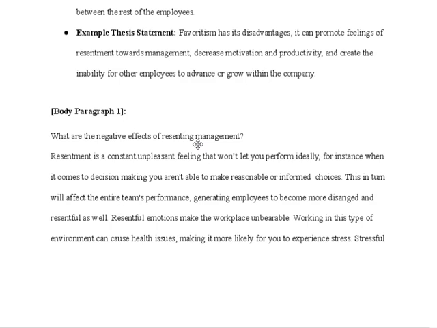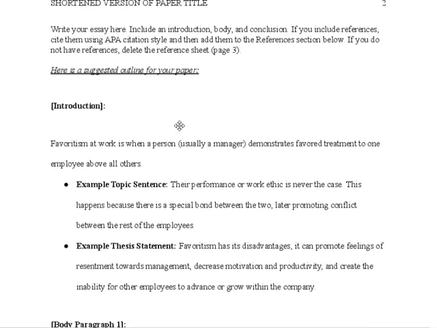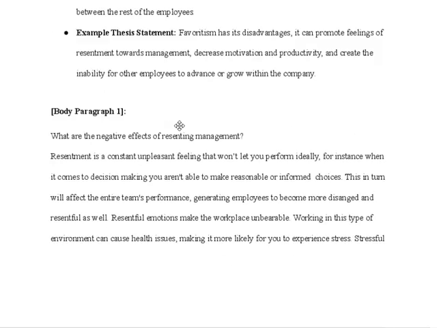You do not want to directly address your reader. So that's the only thing wrong with this paper, that she has to replace you and your when she writes her rough draft in Illustrative Essay Part 2.